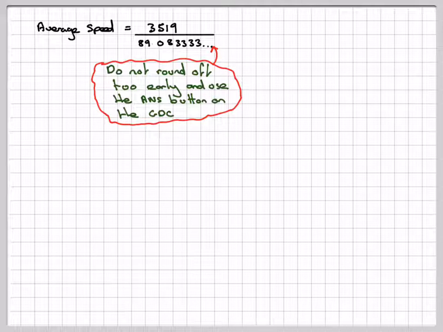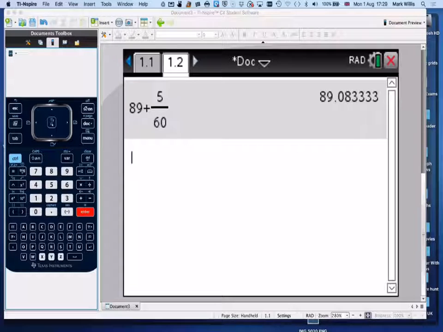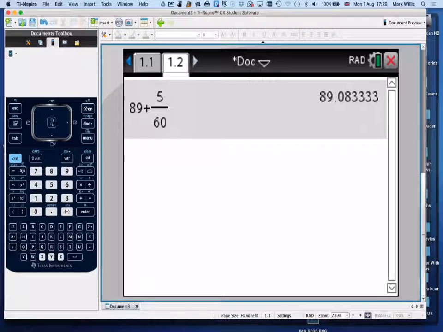So going back to our GDC, we need to put in 3,519. Sorry, let's just do that again. 3,519 divided by.